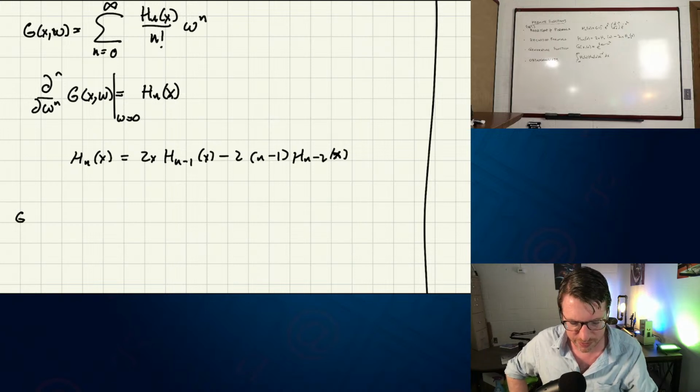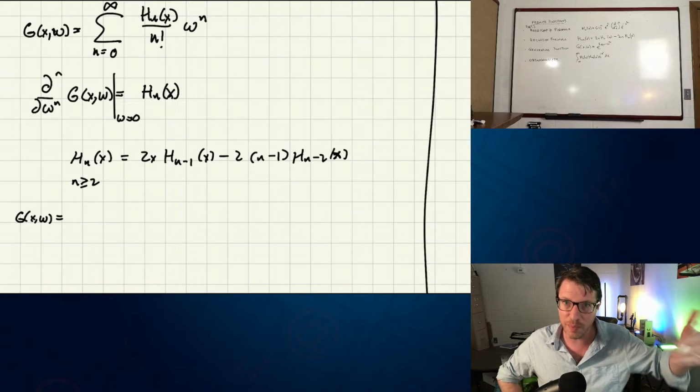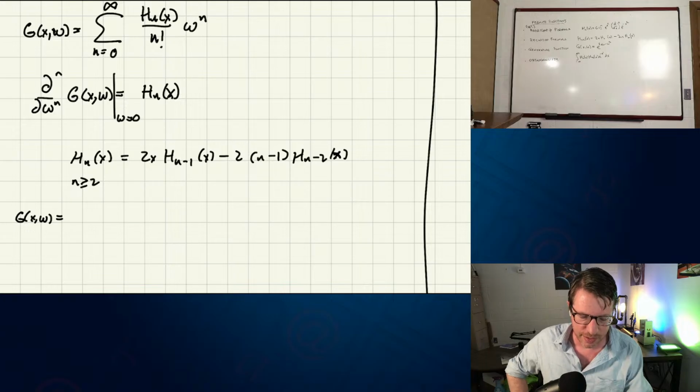So we're going to have g(x,w) is equal to the sum n equals 0 to infinity. Well, okay. So one thing to note is that this recursive formula obviously isn't going to start until n is bigger than or equal to 2, because then you won't have anything to fall back on. So we need to strip out the first two terms.